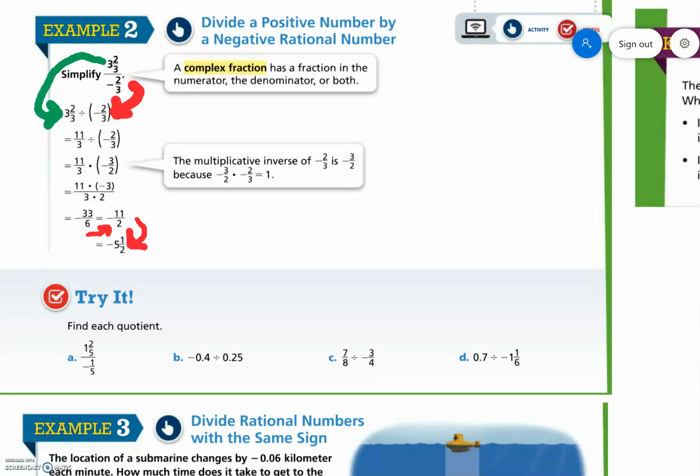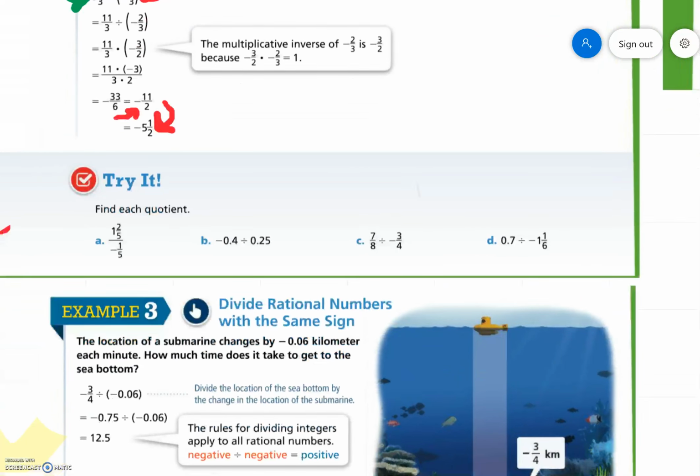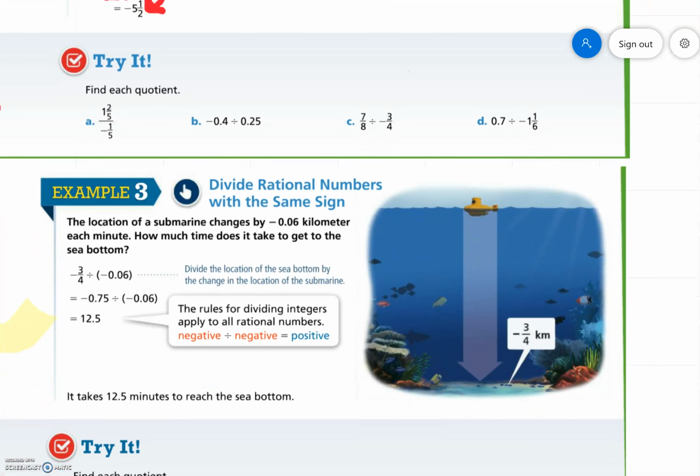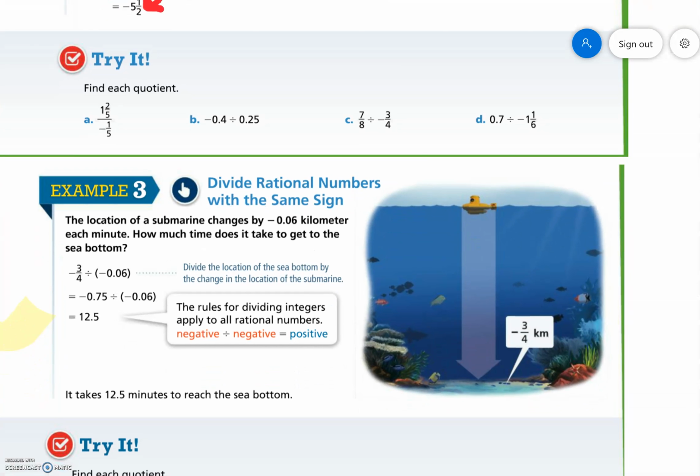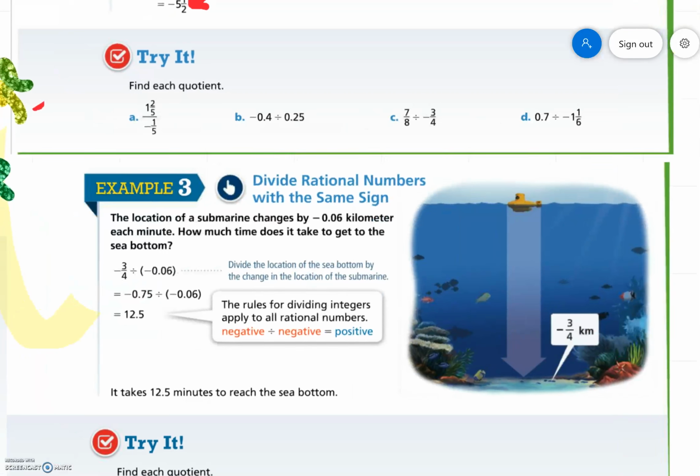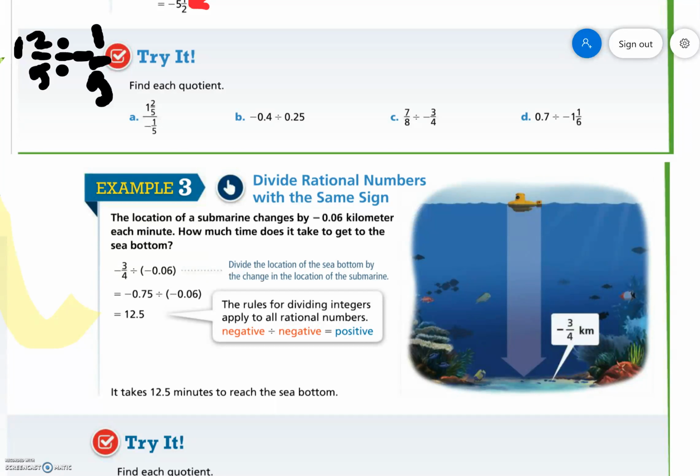So I want you guys to try A, B, and C, and then check back on your work. So the first one we're going to do 1 2/5 divided by -1/5. So I'm going to use this room over here. 1 2/5 divided by -1/5.